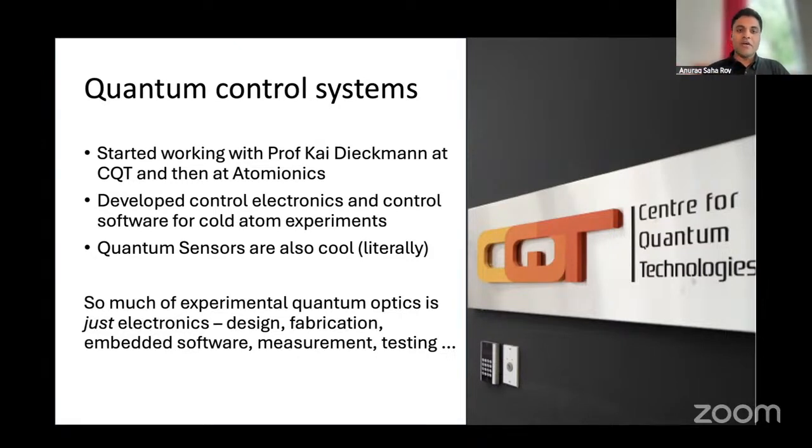And many of you who might have had a physics laboratory course, you might have seen that a lot of experimental quantum optics, experimental quantum physics is essentially just electronics. You can do design, you can do fabrication, you can do embedded software, measurement, testing. So electronics actually plays a lot of very, very important roles in everyday life of an experimental quantum physicist. So that's where I transitioned into from a background in electrical engineering.